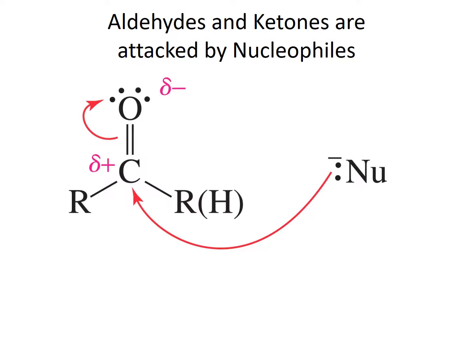Notice the arrows on the oxygen mean that that partial negative charge would become a full negative charge. So the incentive for these reactions depends on who's happier with the negative charge, the nucleophile or the oxygen.